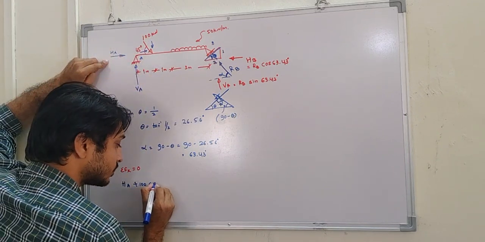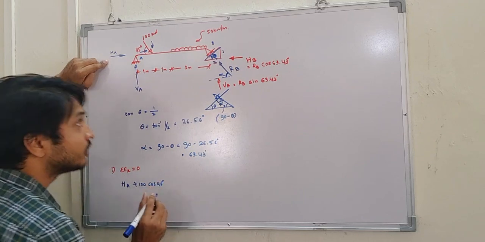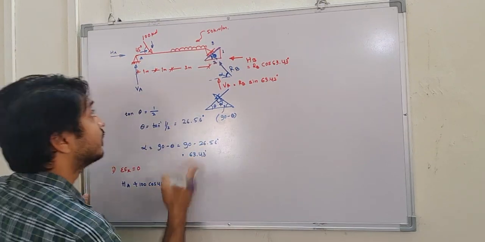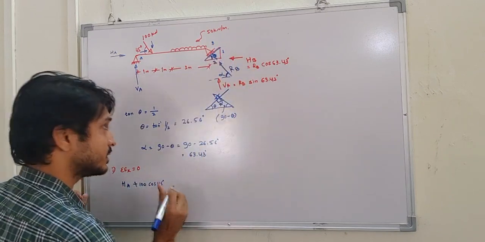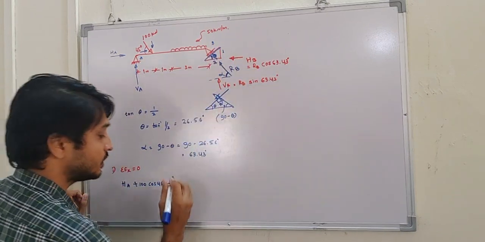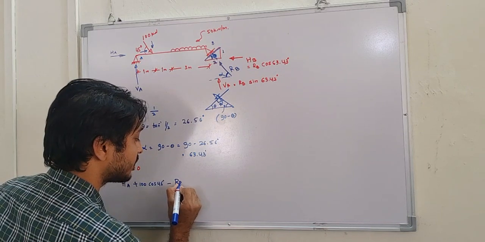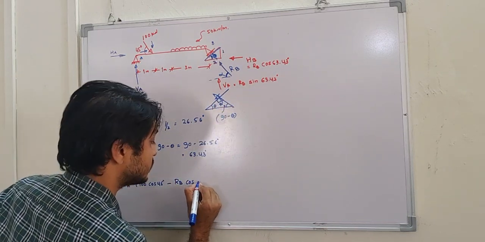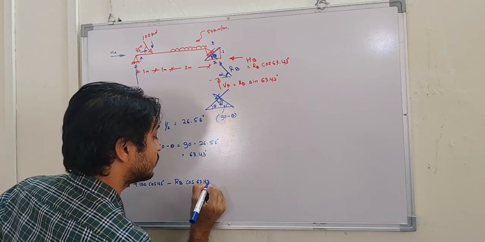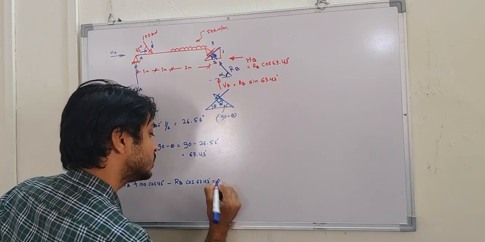Then we get one more here in the opposite direction, so minus RB cos 63.43 degrees, which equals 0.